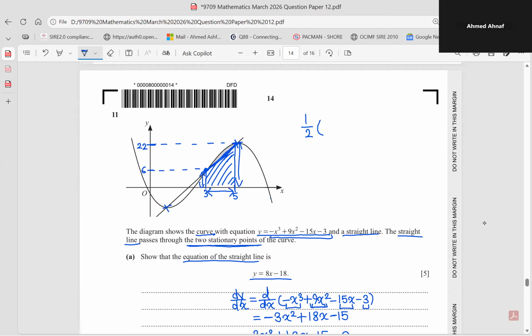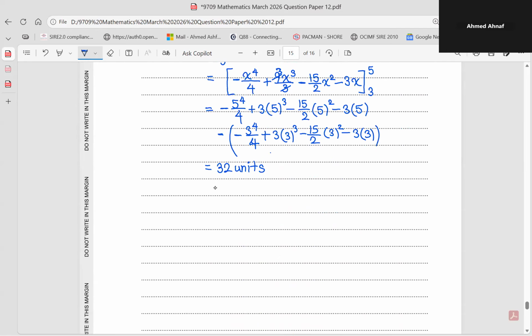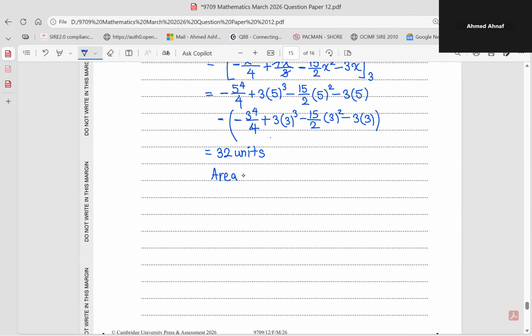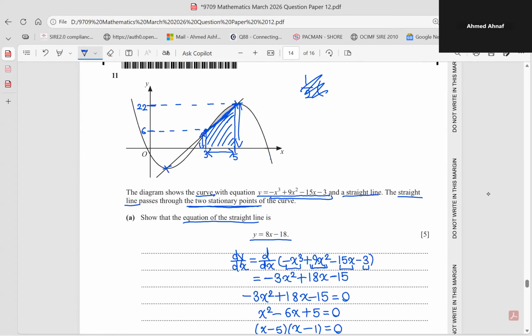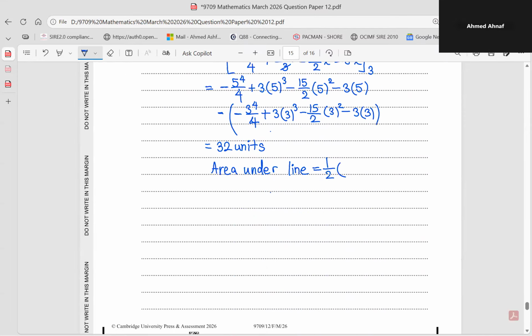Okay, yeah, so let's start. Okay, so area under line. It's just half times the sum of the parallel sides. So the longer one is 22 units, shorter one is 6 units. So 22 plus 6.